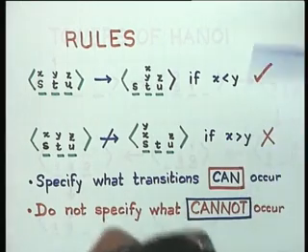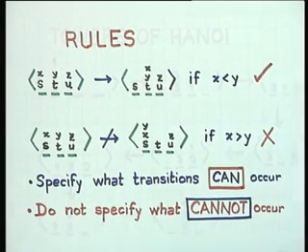This is perfectly in keeping with, for example, logical inference. You don't have a rule which says that from A and B you cannot infer not A. You do not have such rules. The fact that you cannot infer not A follows from various other things.